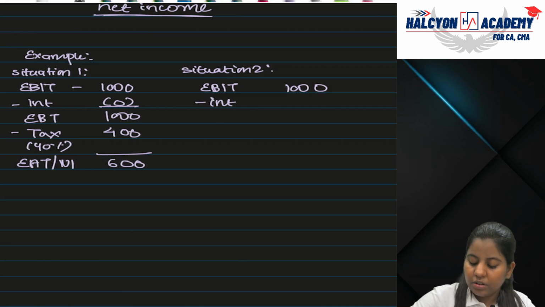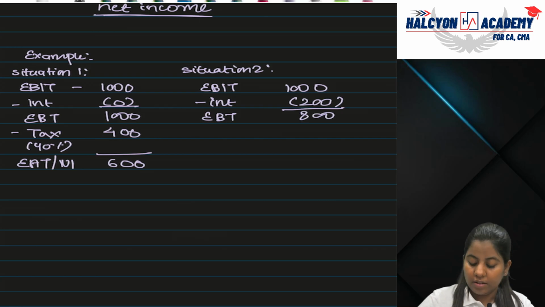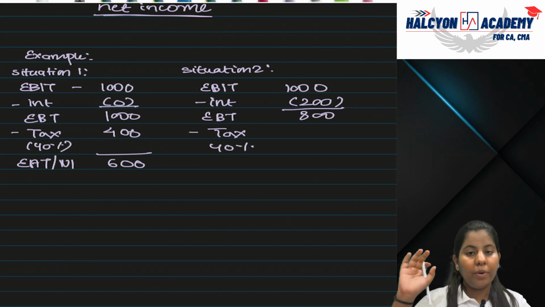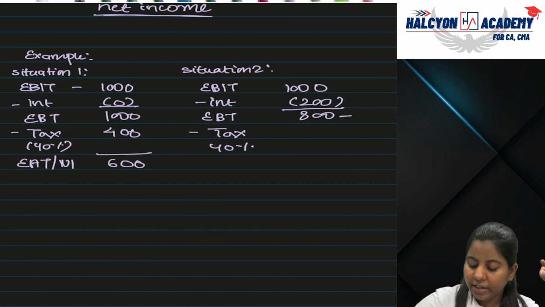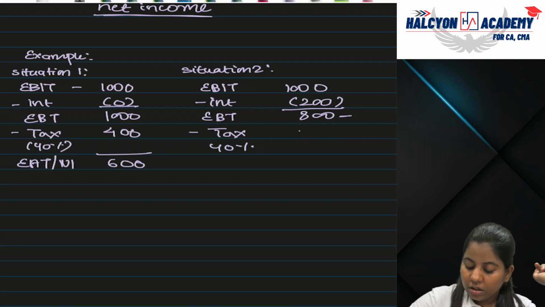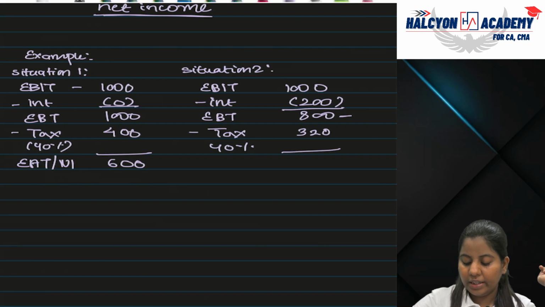Take interest 200 rupees. EBT will be 800 rupees. And when we less tax, now we have to deduct 40% tax. 40% of 800 is 320.